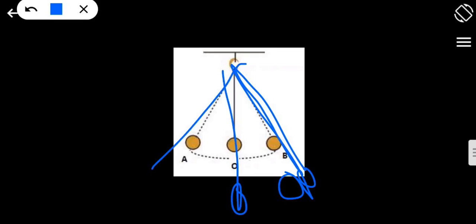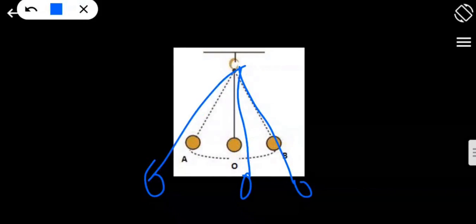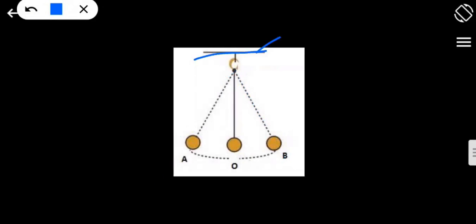Due to the extension or elastic nature of the string, it may extend, and because of that, you may face a problem. And there should be a rigid surface. This one must be rigid. Then only you can make the oscillation much more perfectly, right?